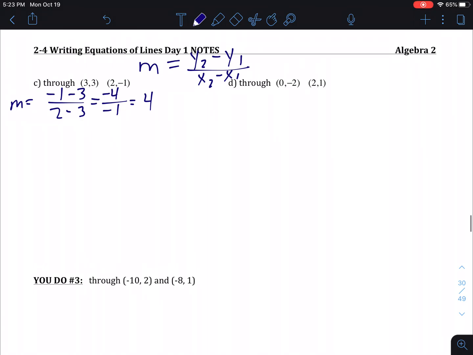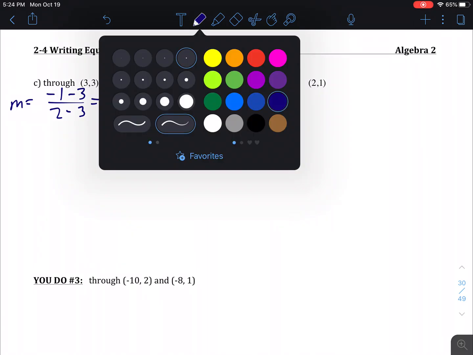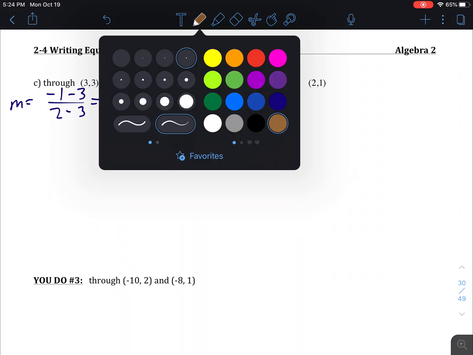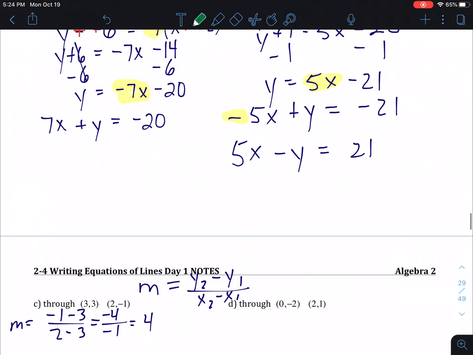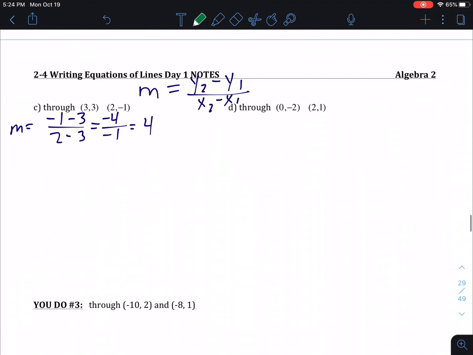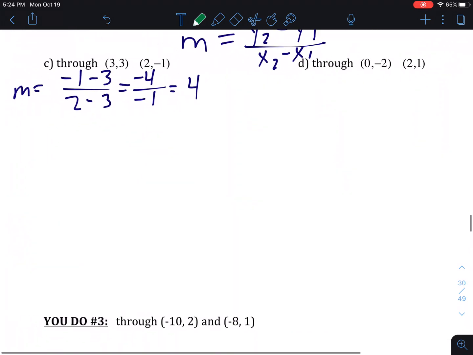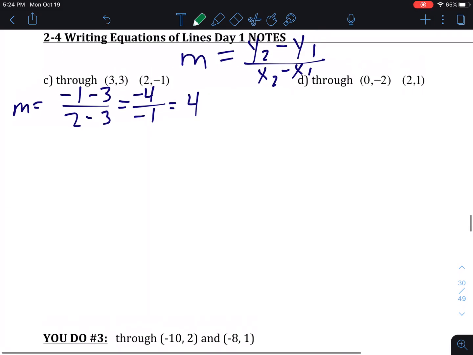All right, let me do another color. Let's go with brown this time. Actually, no, I'll go with green since that's what the point slope was on the previous page. All right, now, either of these points you can call your x1, y1. We learned that the other day when I taught you guys about point slope formula. For consistency for you guys, I'm going to just use the first point each time.